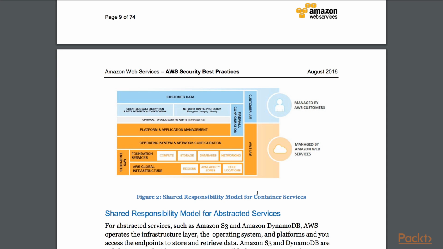But you still have to enable firewall configuration. You're still a bit responsible for that. For example, with RDS, we can enable different security groups, and we can talk to different instances on particular security groups, on particular ports, and we can have that control over our managed service.